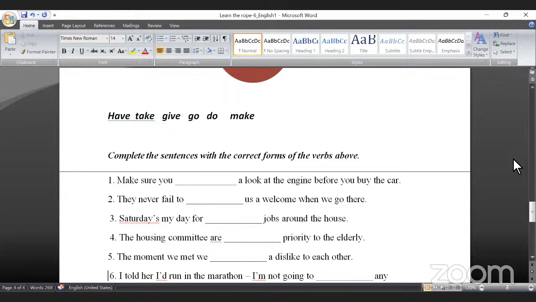Then the fifth one is: the moment we met, we dash a dislike to each other. Which delexical verb? The moment we met, we have a dislike to each other? No, not that.